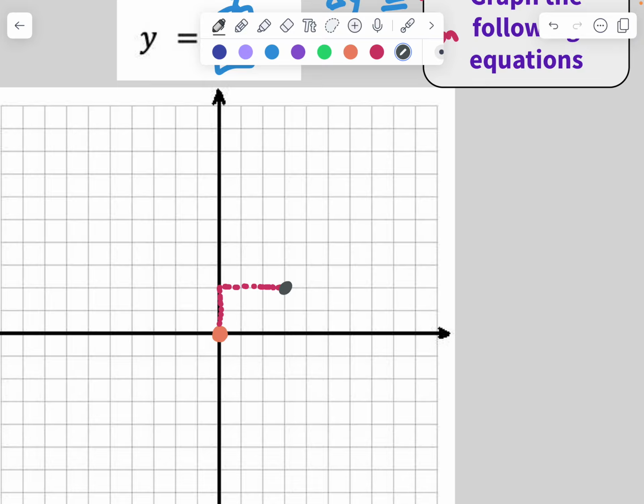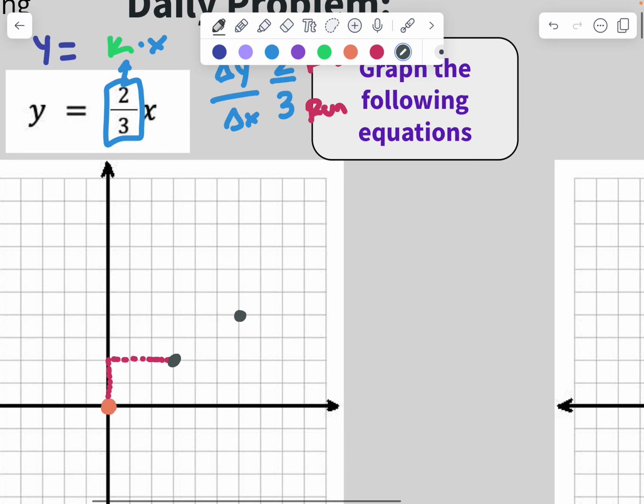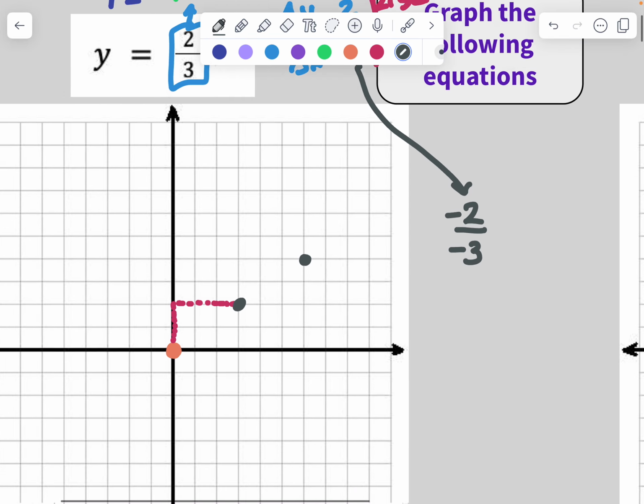I'm going to do the same thing, go up 2 and across 3. There's another point. We talked about this yesterday, that you can make this guy kind of go in the opposite direction by remembering a negative divided by a negative is still a positive. So negative 2 divided by negative 3 is the same exact thing as positive 2/3.